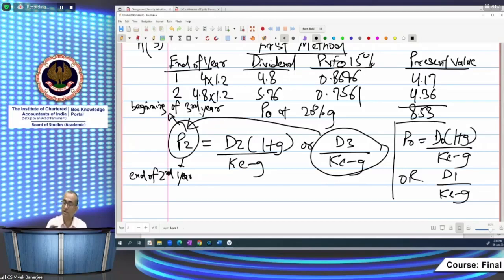In the same way, the present value at the beginning of the third year will be the dividend at the end of the third year, discounted by the discount rate. So this way it can be understood with this concept. I hope it is now understood to you.